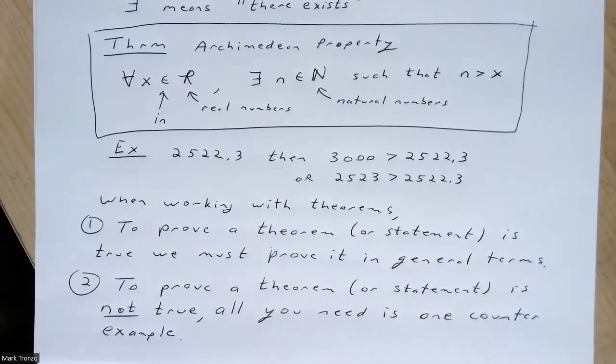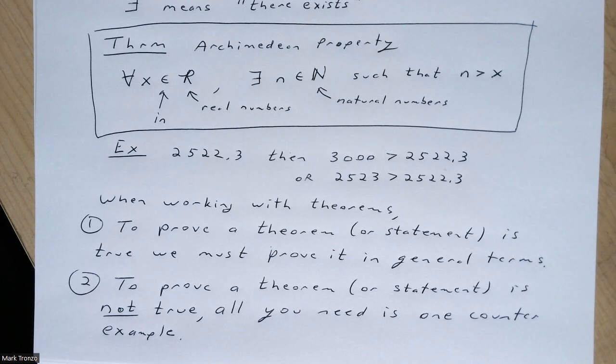So you don't have to prove anything in general. If you want to show that something's not true, all you have to do is find just one example that does not work.